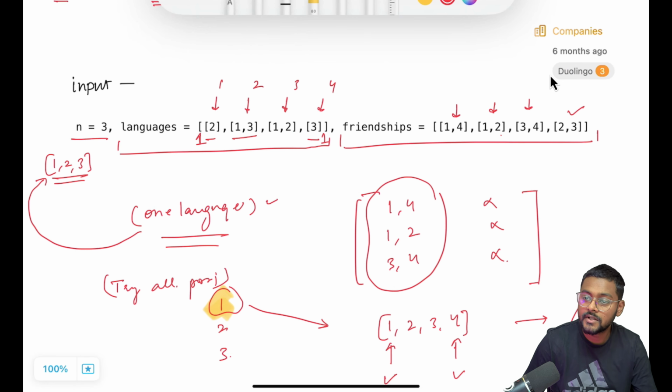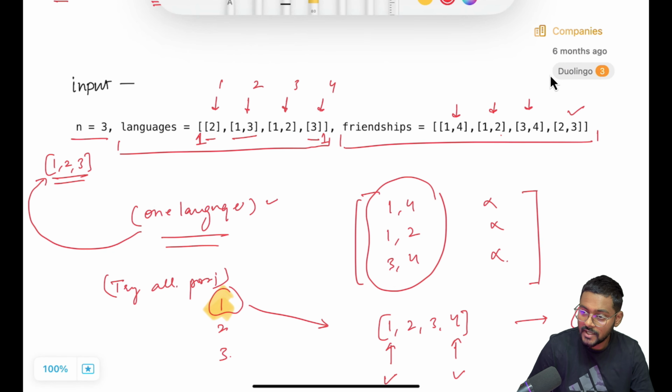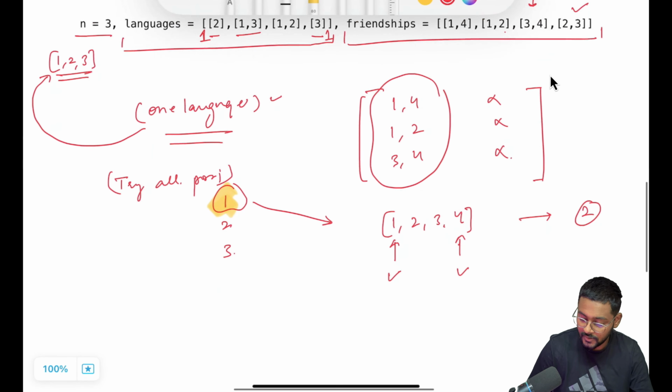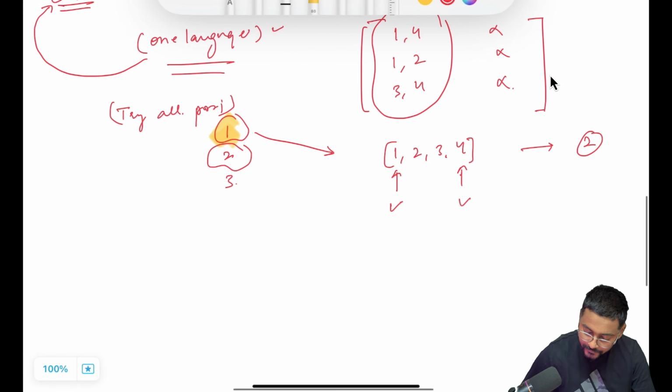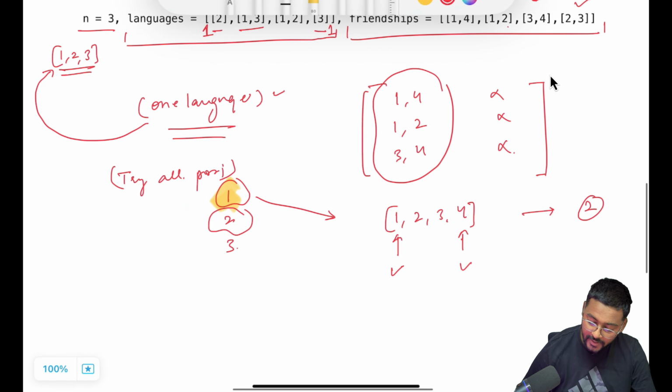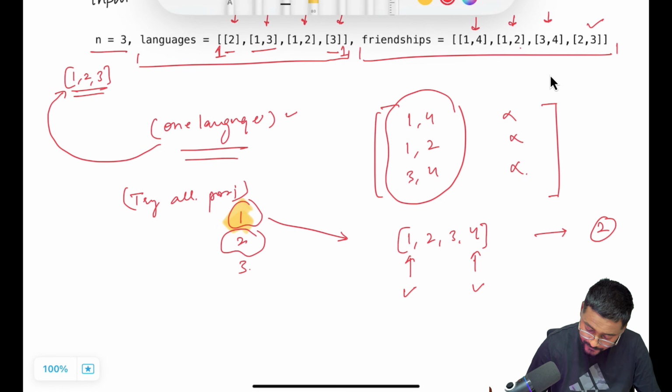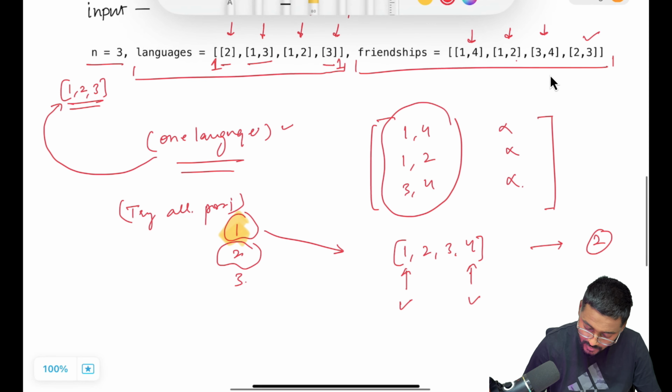So 1, 4 can communicate with language 1. 1, 2 can communicate with language 1. 3, 4 can communicate with language 1, and 2, 3 are already communicating. So this is one possibility. And as I'm going ahead with the brute force, check for 2. How many people do I have to teach the language to so that they have 2 as a language in common? So for 2, the first person already knows 2, the second person does not know 2, the third person already knows 2.